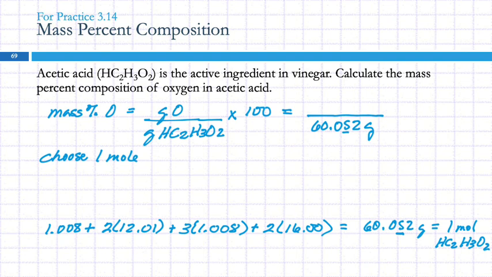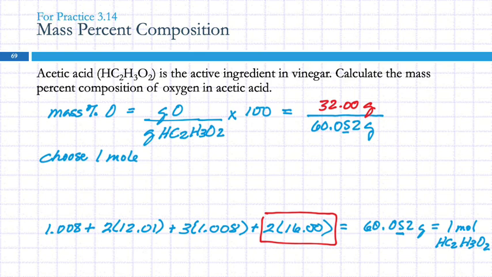What's the mass of oxygen in the compound? Well, we actually don't really have to do much of anything, because it's just this right here. So 2 multiplied by 16, we're 32. So instead of looking at the periodic table again and then going back and looking at how many oxygens are in there, if you write it out like this, it's just sitting there waiting for you to pick it out.